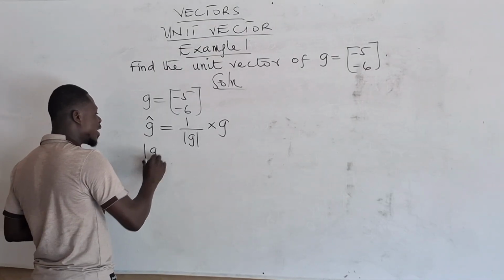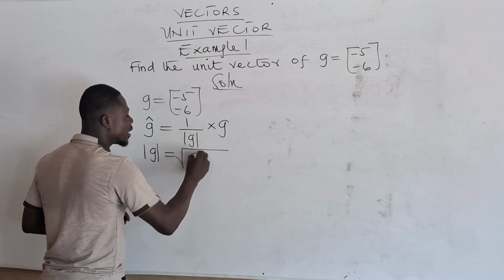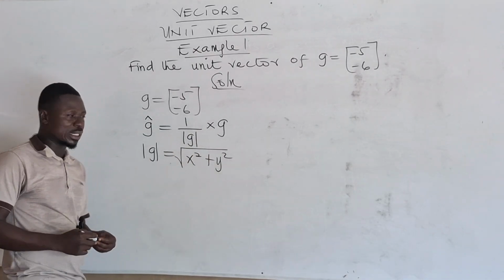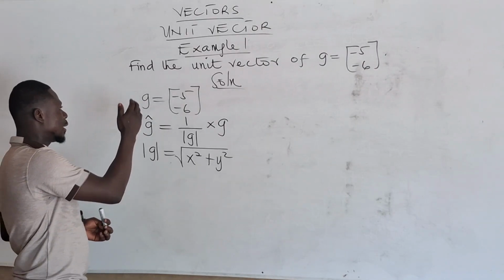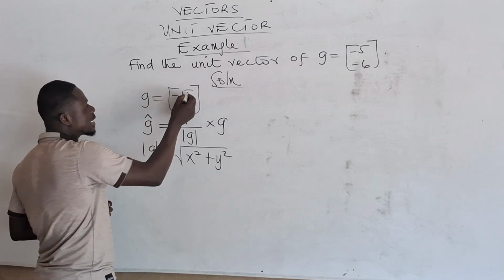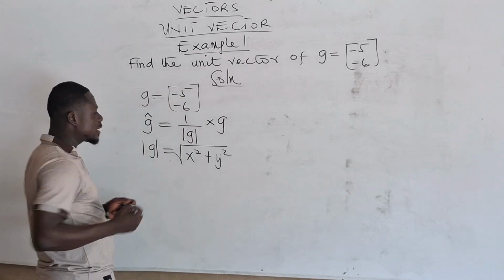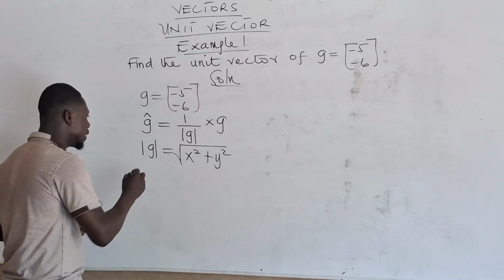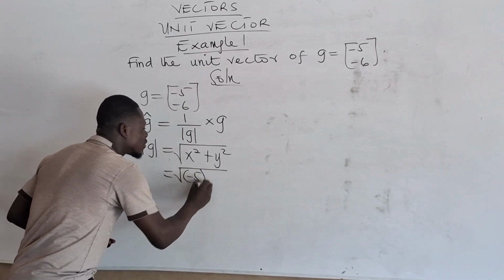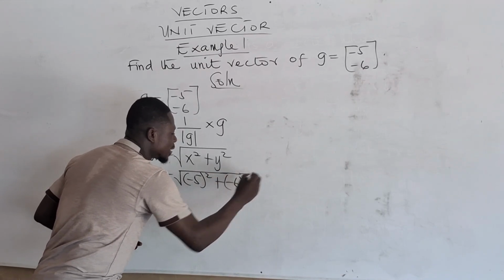The magnitude of any vector is found by using the formula square root of x squared plus y squared. So going into the vector, we can see that the x component is -5 and the y component is -6. By substitution, we're going to have the square root of -5 squared plus -6 squared.